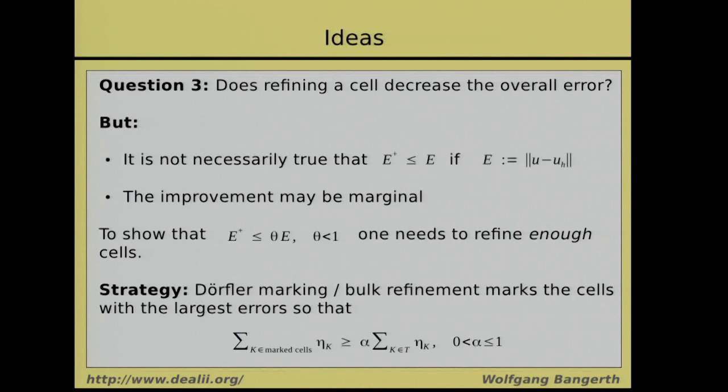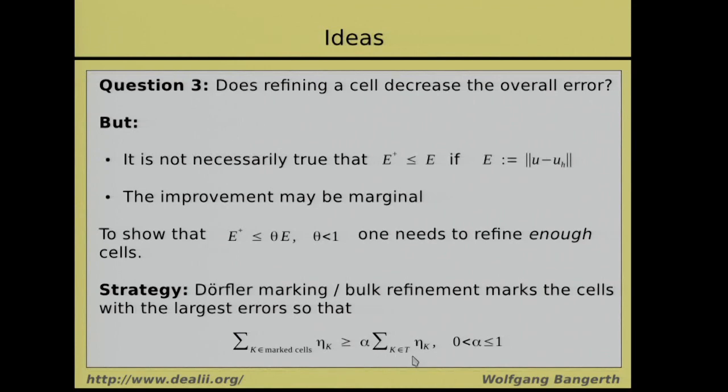And the typical proofs that have been brought forward for these sort of things require a strategy that is called the Dörfler marking, after Willi Dörfler, who is a professor in Germany. It is also sometimes referred to as bulk refinement. So the way this typically works is that you need to refine or mark a whole bunch of cells K, so that the sum of the error indicators on these cells is bigger or equal than a certain fraction of the sum of the indicators on all cells.